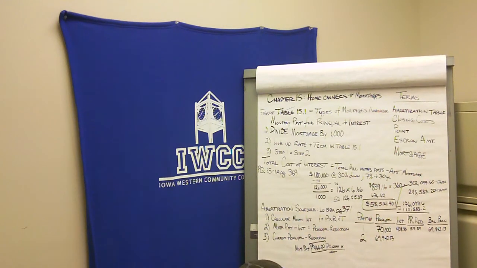Our interest on that one: don't forget, the principal is now $69,942.13 times my rate of 0.07 times my time, and these are monthly, so it's 1 over 12. Don't forget that aspect. Now the interest is only $407.99.